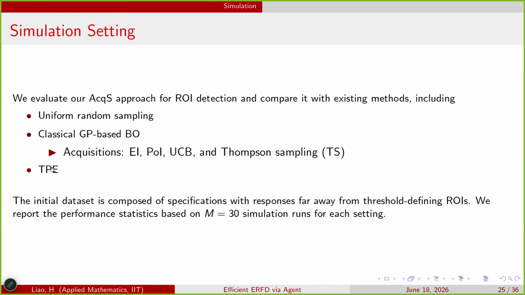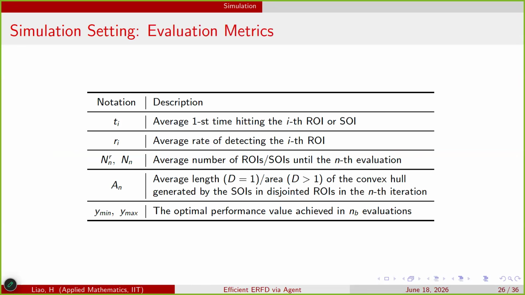And also the last one is the tree-structured Parzen estimator. It's also one type of Bayesian optimization, proposed in a slightly different way. And the initial data set is composed of specifications with response far away from the ideal regions, as I mentioned before. And we do 30 simulations.